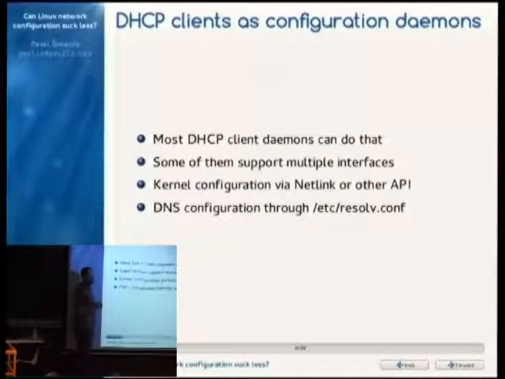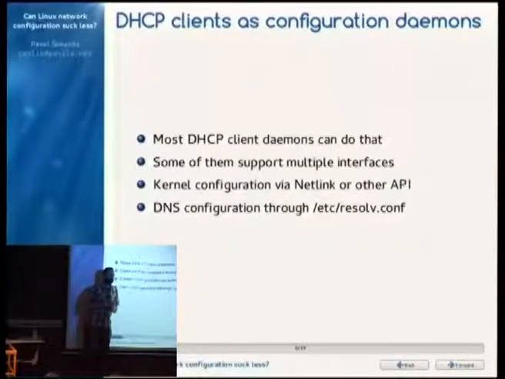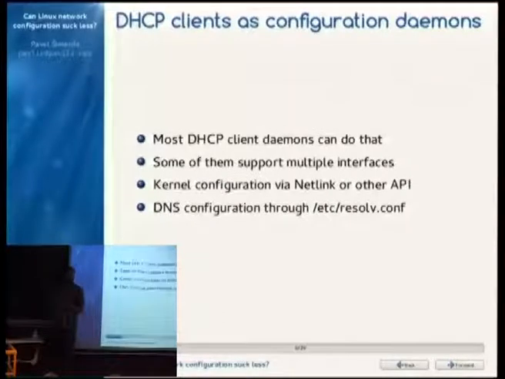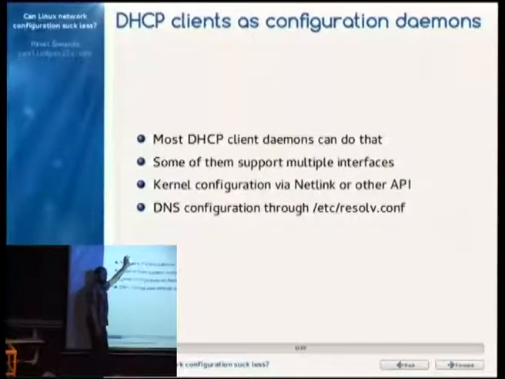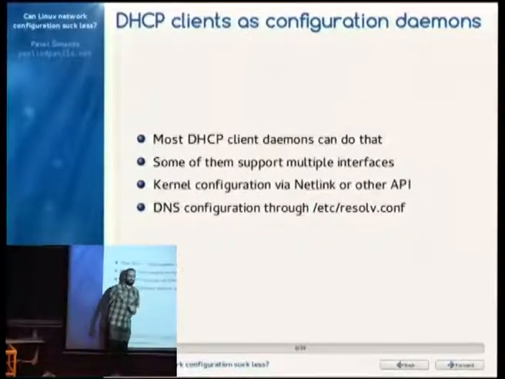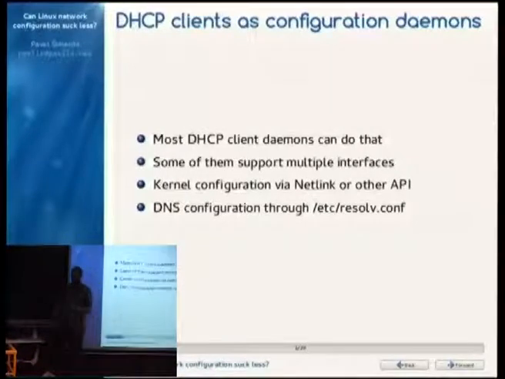But very often, just plain DHCP clients, or the software you usually call DHCP clients, does all of this. So they are used as configuration daemons. They are not only doing the queries over the network, but they also configure stuff. They also call the auxiliary scripts, as I was talking about.